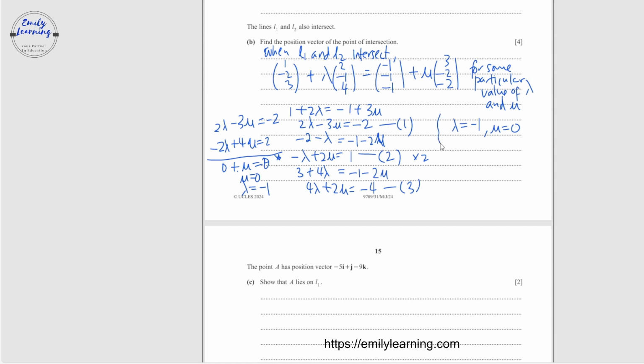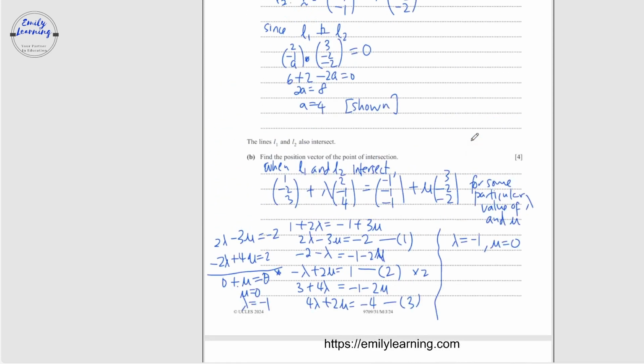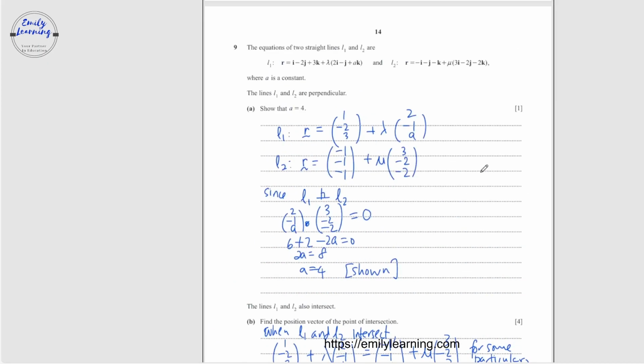Once I found this, I need to find the position vector of the point of intersection, right? I'll just sub in. You can either sub in lambda equals minus 1 into this equation, or mu equals 0 into this equation.